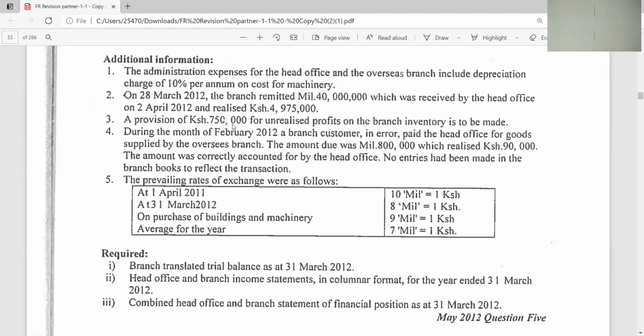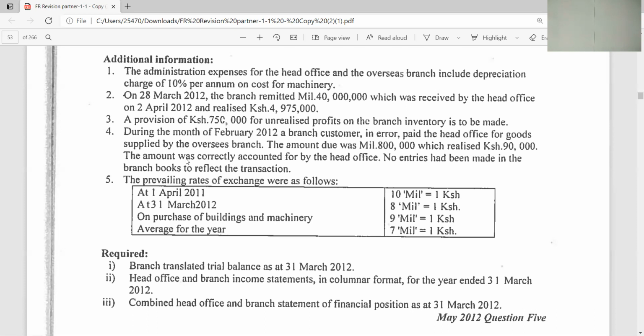So if the branch has not resold the goods, some of the goods were remaining. Out of the goods which are remaining, there is unrealized profit. So on that unrealized profit on the branch inventory, that is why they made a provision. So the amount to cater for the unrealized profit is a provision.